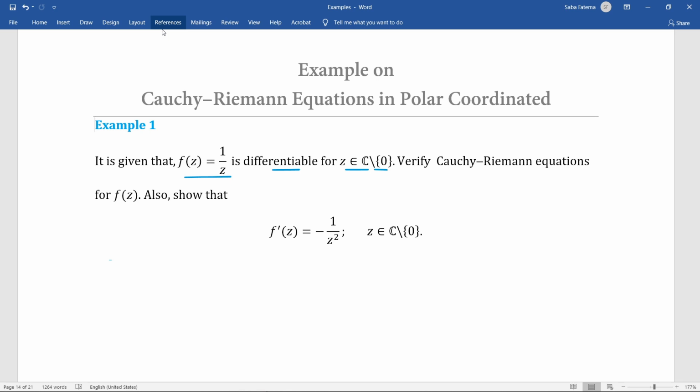Now we are asked to verify the Cauchy-Riemann equations for this function, and also we have to show that the derivative of f is equal to negative of 1 over z squared for all z belonging to C except 0. Although it is not necessary to use the polar coordinates in this problem, here we have used it to show the procedure of calculations for a function in polar coordinates.